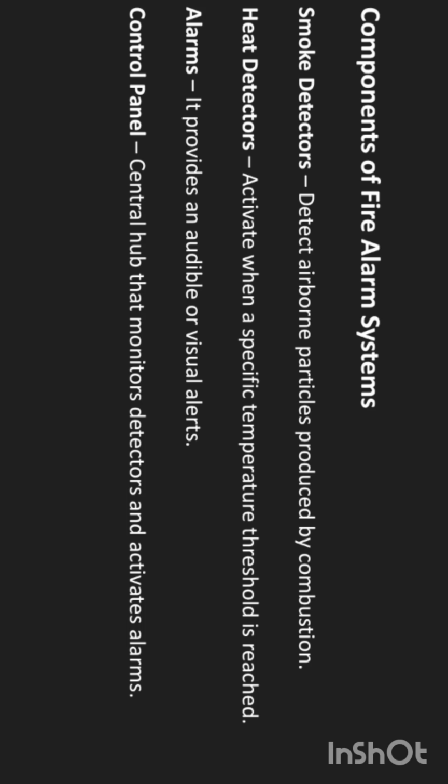If a detector detects something and gives an alert, like some heat or some smoke, he will get to know about it through the alarm, and he will do what is possible. So these were the components of fire alarm systems.